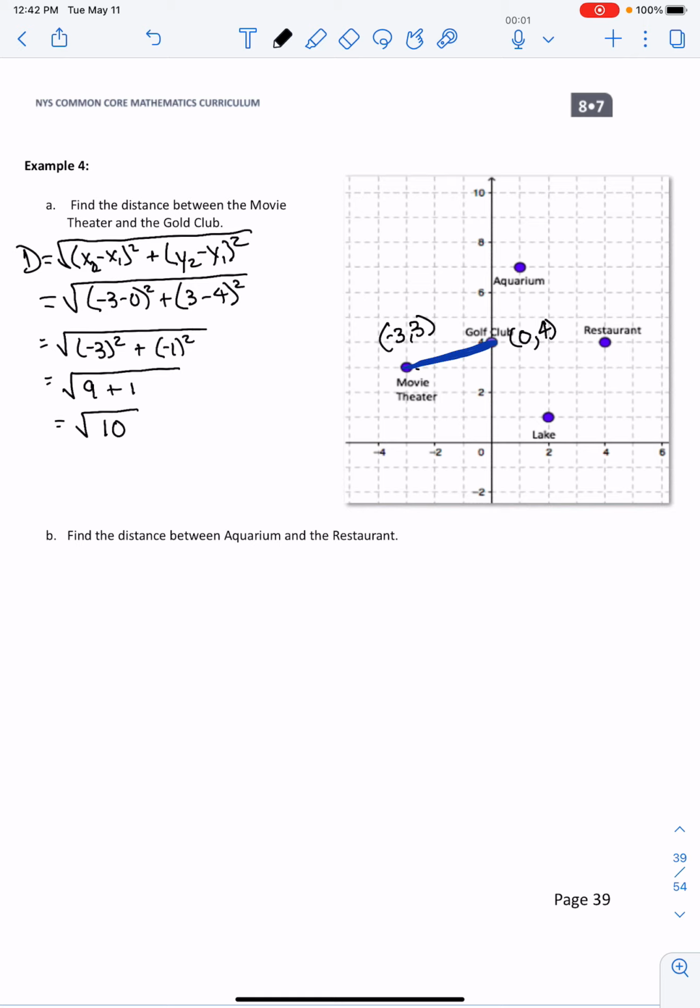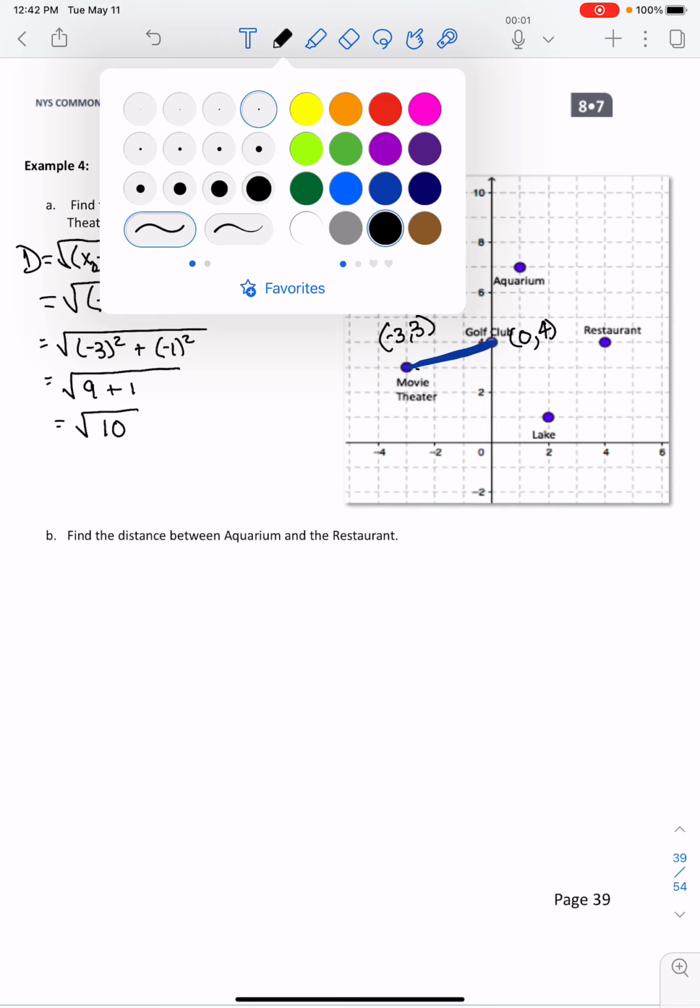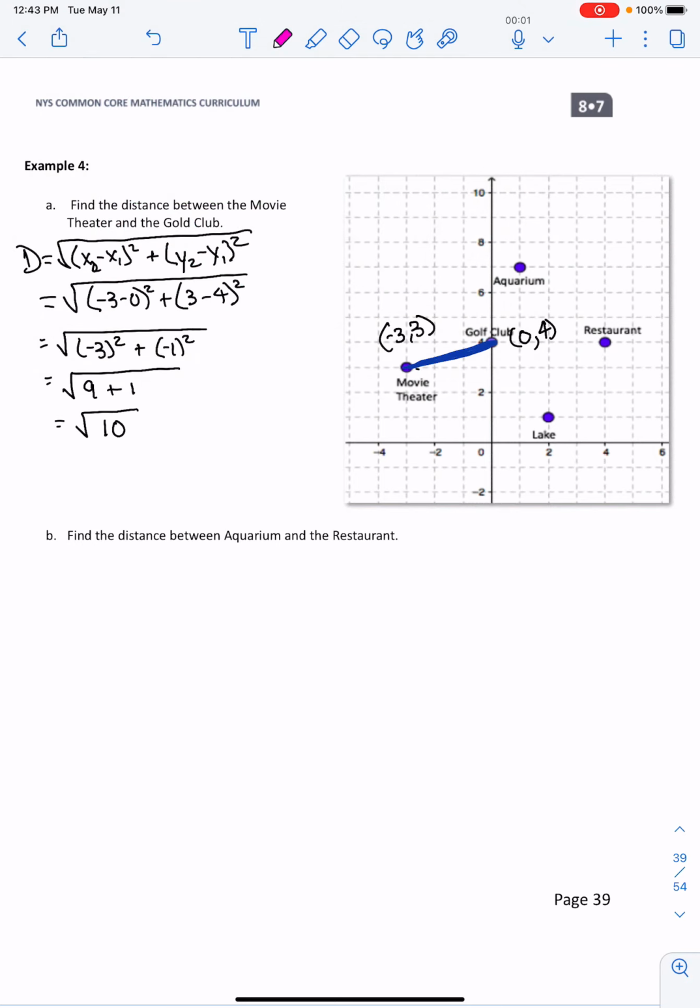Next it says find the distance between the aquarium and the restaurant. So let's find that. So here the aquarium and the restaurant right here. Now those points are 1, 7 and 4, 4.